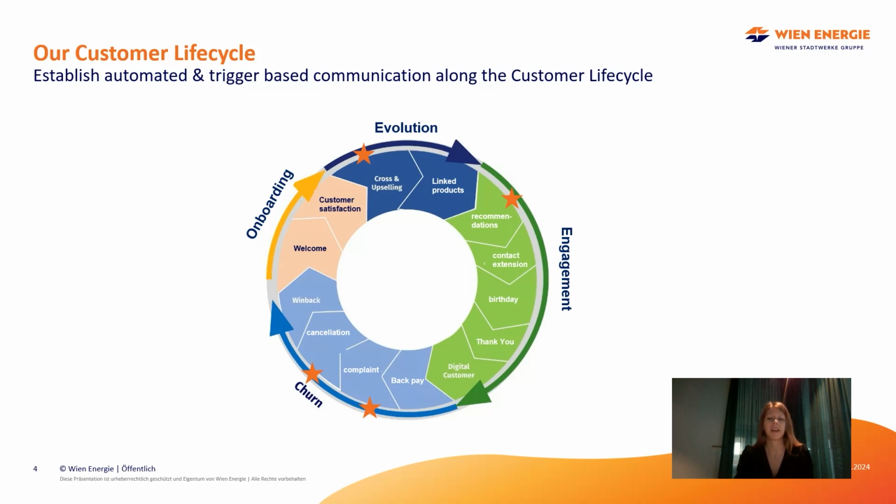So, for example, the category around cross and upselling or churn. We see here a lot of potential for website triggers, and that they can tell us what the user is doing on the website, and we then use it as an activation later on for either website personalization or marketing automation.